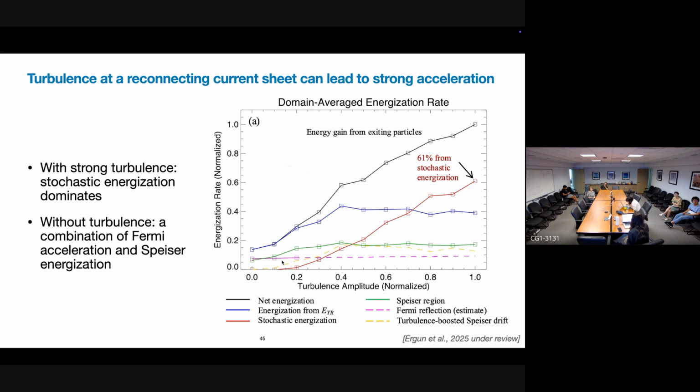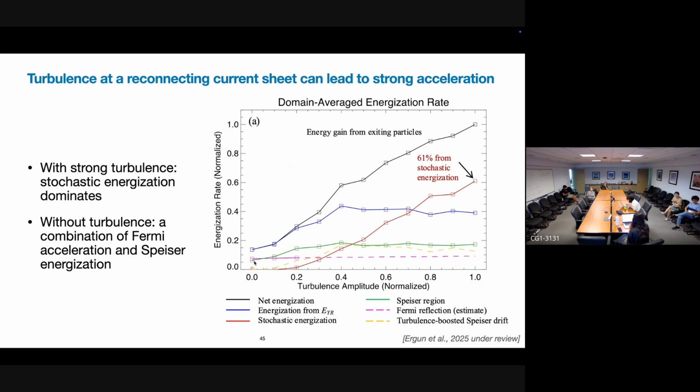And then we can further decompose the energization from the electric field into the Speiser orbit or the Fermi reflection, because they're both essentially caused by the out-of-plane electric field. So we can imagine the blue line becomes the total of the magenta line and the green line here.